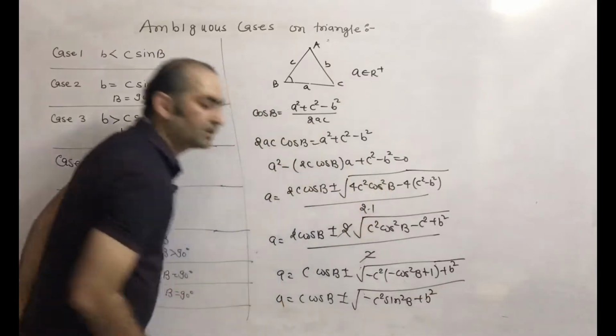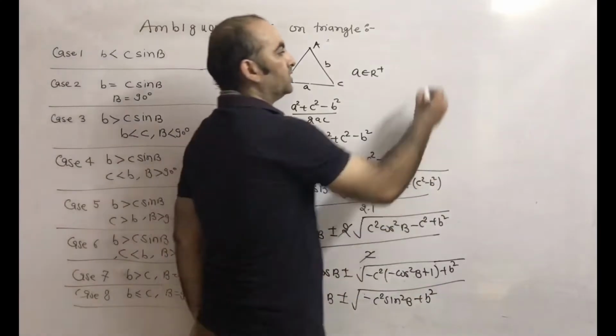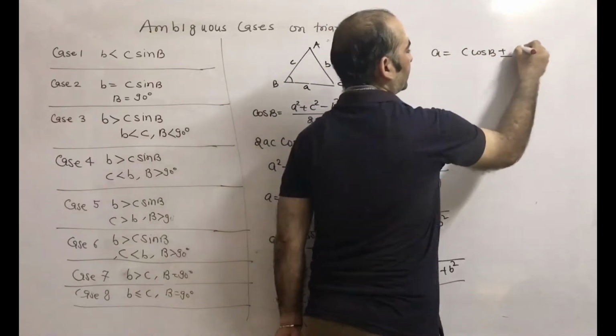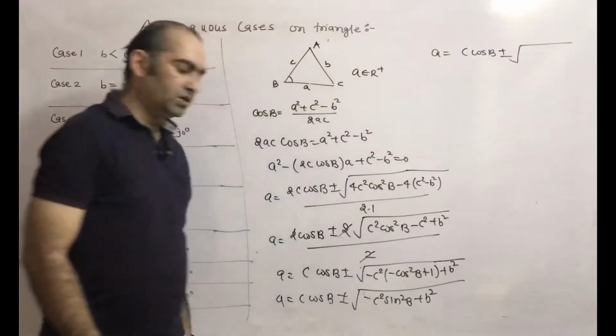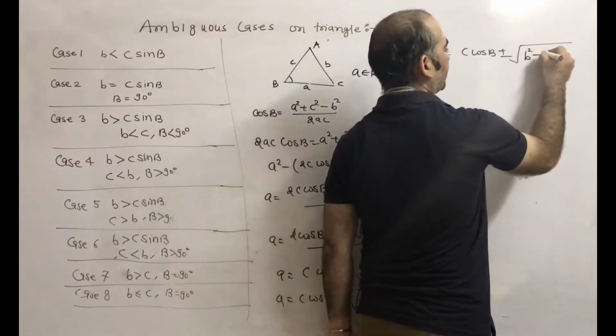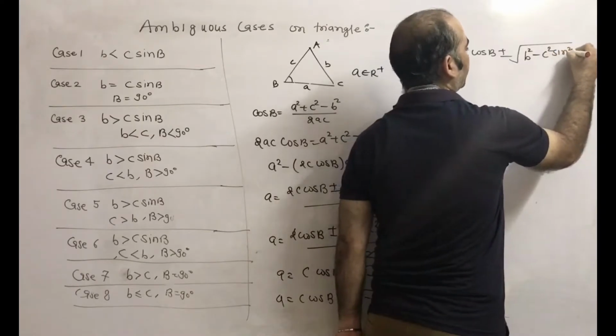So a equals c cos B plus minus root over b square minus c square sin square B.